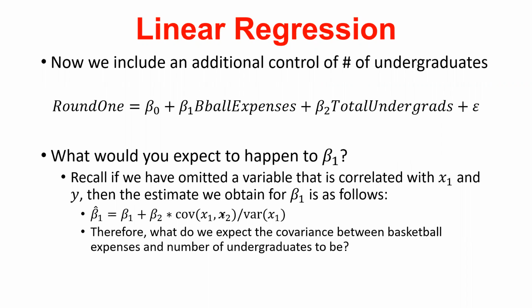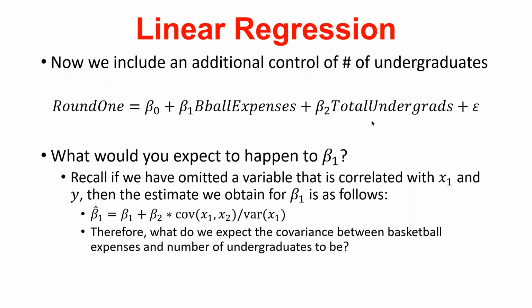We talked last class about how, if I had left that out, I would have had this bias component when looking at the estimate for beta 1, which I was calling B1, kind of the same thing. In academic papers today, they usually use betas. But I would have been picking up this additional bias term if I didn't include this X2 variable that I think matters, which is total number of undergraduates.